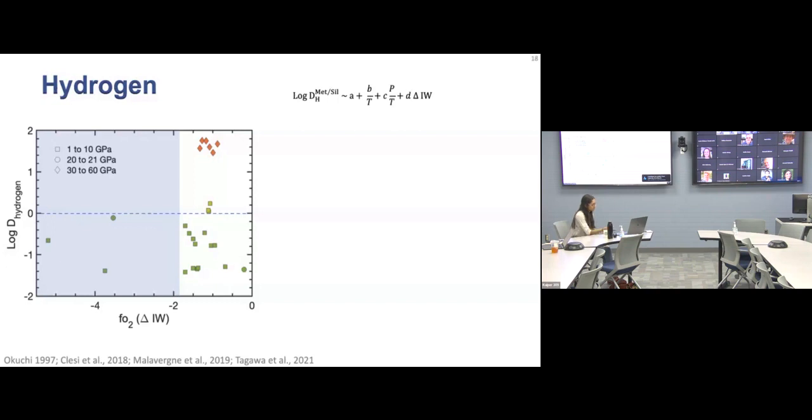But a few groups have obtained data on hydrogen. Most of them were obtained at these lower pressures relevant to planetesimal formation, which I'm showing here with the blue squares and circles. These indicated that hydrogen is a lithophile, so the log partition coefficients are mostly negative.